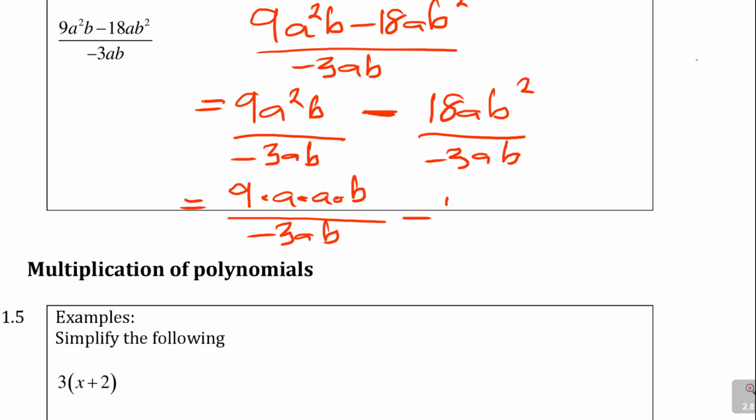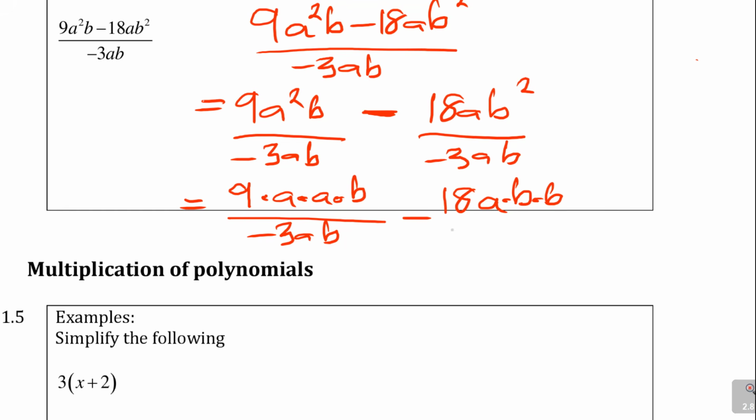Then you have minus 18a, now look at the b squared. Don't be tempted here. The squared belongs only to b. So in this case it's b times b. So you see, in the first one it was the a, in the second one it is actually the b. So just remember that part.